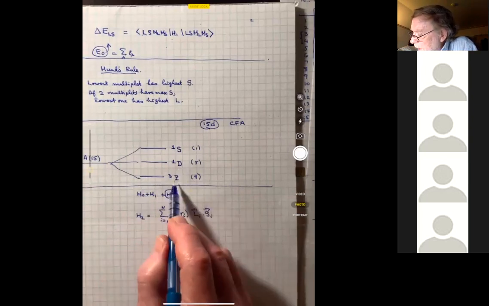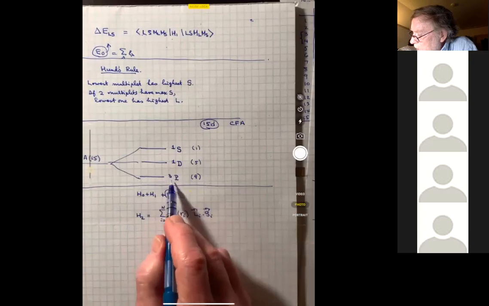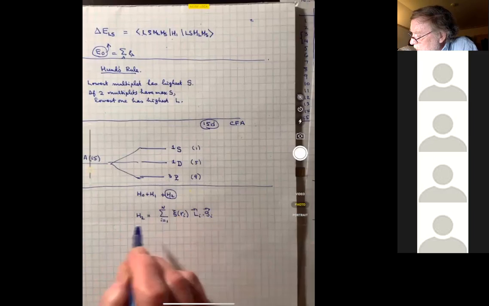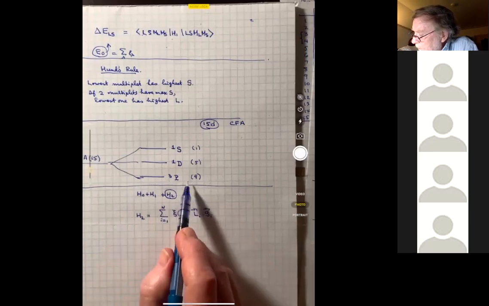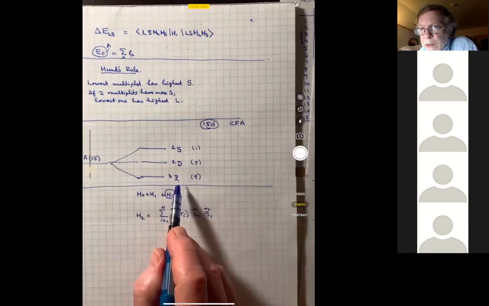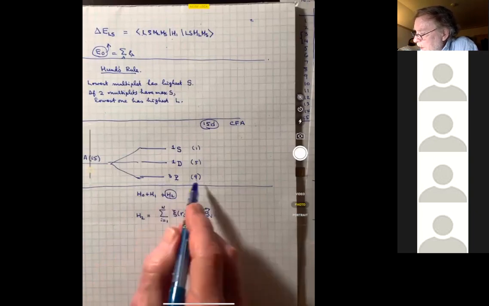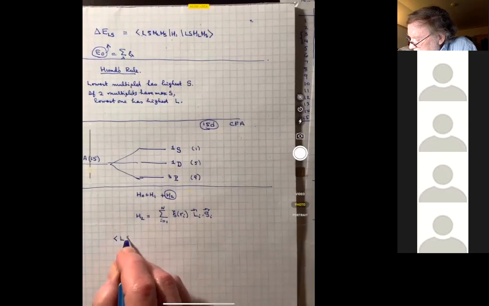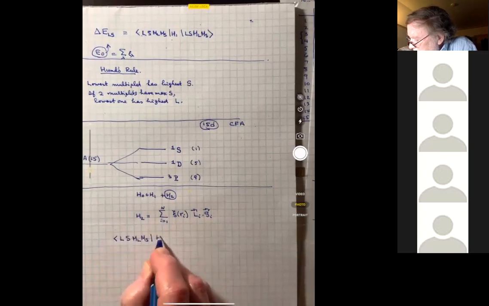For example, to find out what happens to the triplet P ground multiplet of carbon when we include fine structure, we have a degenerate state. It's degenerate perturbation theory. You're going to get a 9x9 matrix. So what would that matrix look like? Well, it could look like this: L S M_L M_S sandwiched around H2.